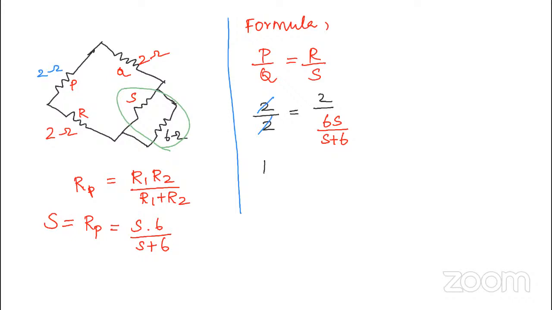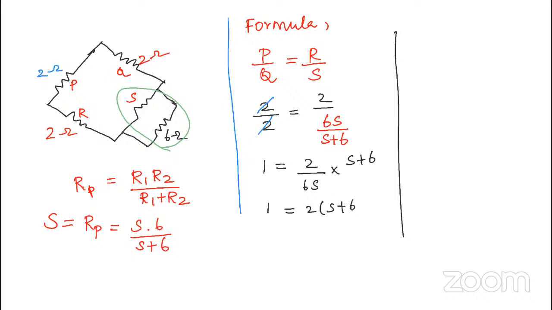It is 1 is equal to 2 divided by 6S, and the denominator can be converted into the numerator, so S plus 6. Right? So now 1 is equal to 2 into S plus 6 divided by 6S. So now we have to solve this equation.